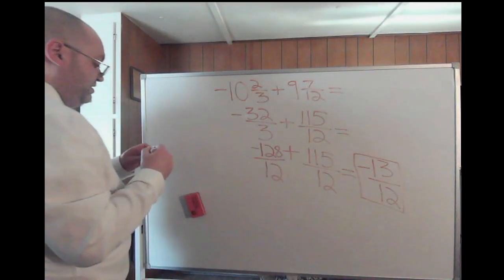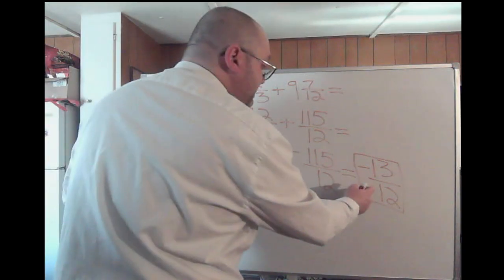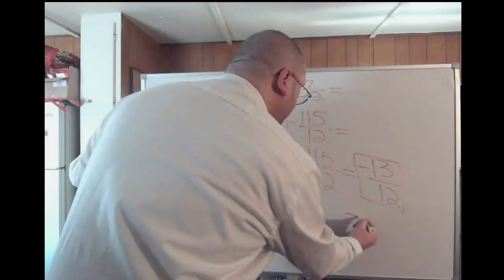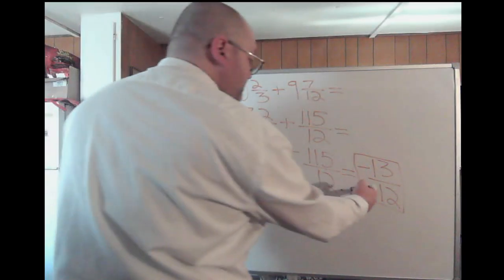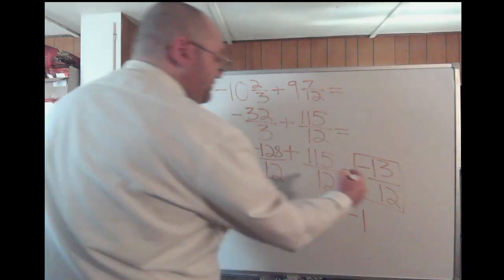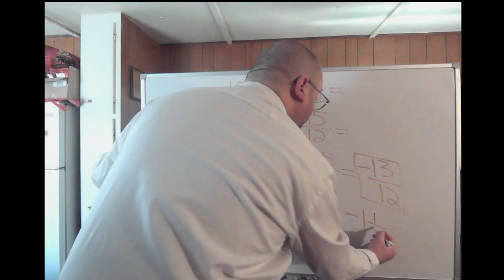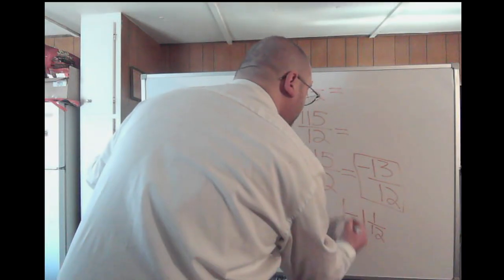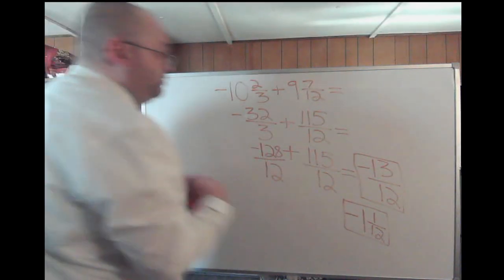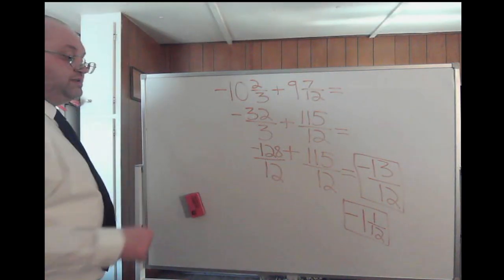You could leave it in the improper fraction form. You get negative 13 over 12. Or to convert it to a mixed number, figure out how many times 12 goes into 13. It goes in once, which will leave you with a remainder of 1. So you'll have negative 1 and 1/12. So either answer, negative 13/12 or negative 1 and 1/12, those are both acceptable answers.